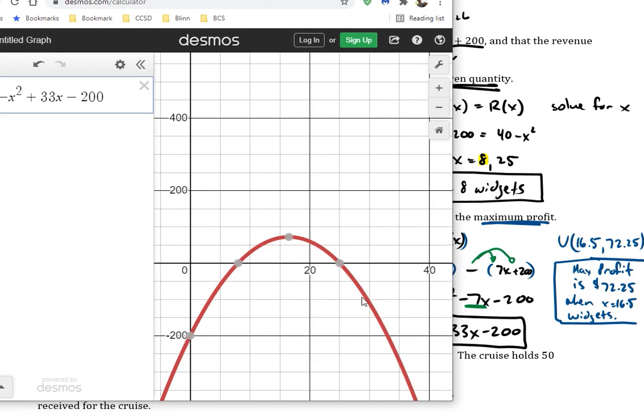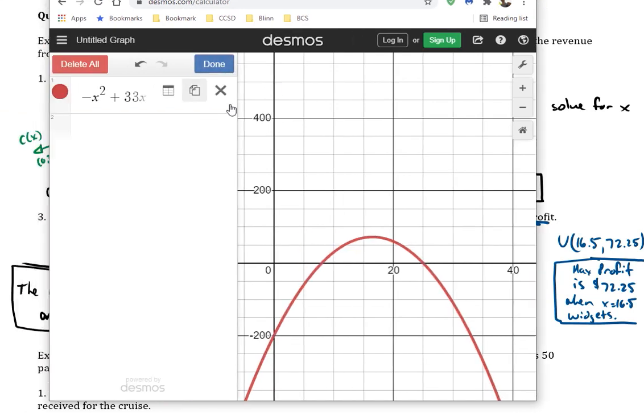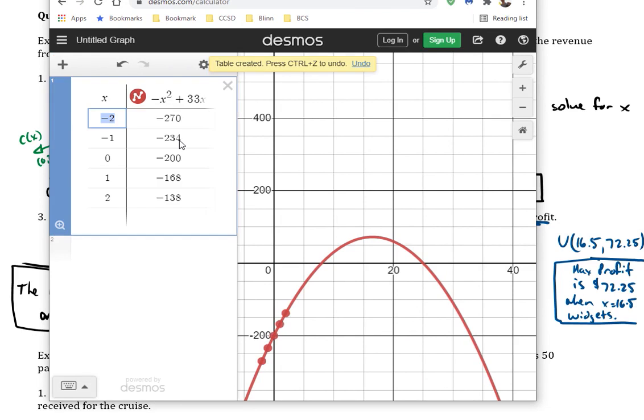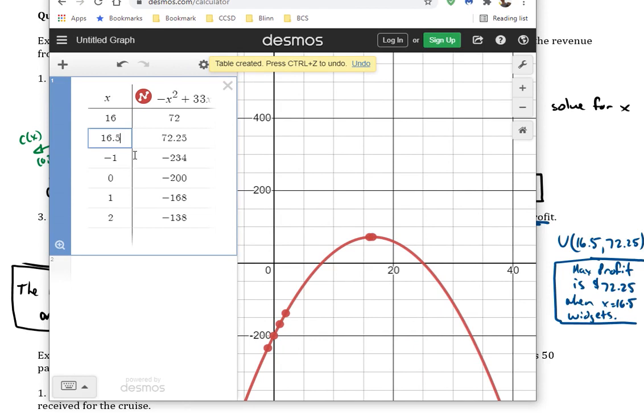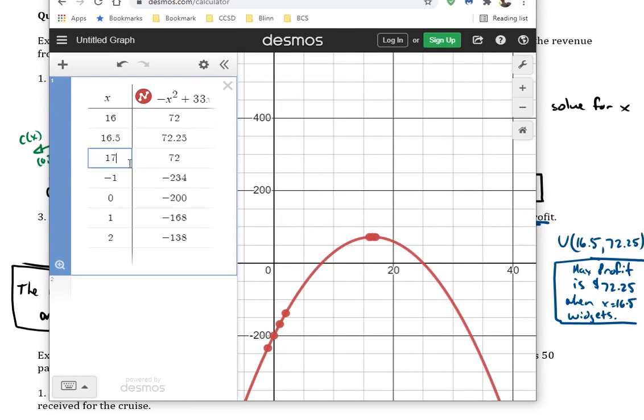Okay, so I can go to my table. So that's here. And we could type in 16, 16.5, and then 17. So I just wanted to show the whole numbers between 16 and 17 and 16 and a half.